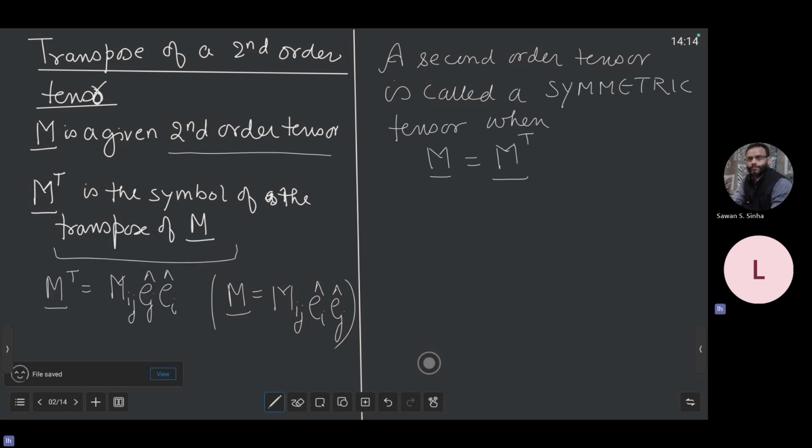And in this case, it will follow that Mij will be Mji only when it is symmetric. This is the kind of thing we were talking about earlier when I was showing you dot product. Okay.